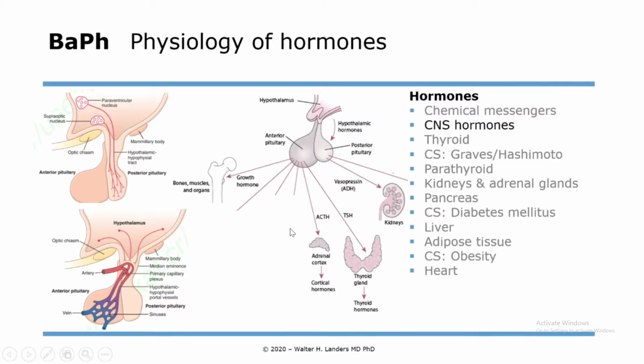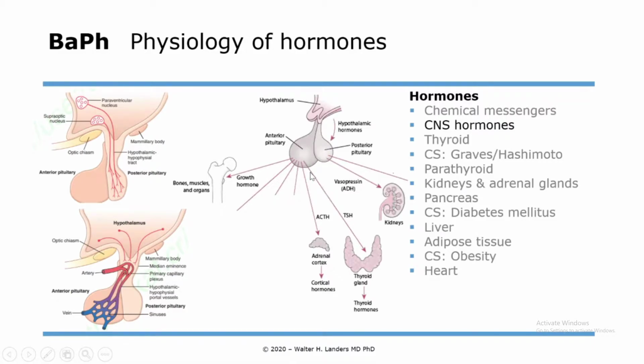And then there's ACTH, a hormone secreted by the anterior pituitary gland that stimulates the adrenal cortex or the adrenal glands to secrete hormones. The anterior pituitary gland also secretes TSH, which stands for thyroid stimulating hormone, and it stimulates secretion of thyroid hormones by the thyroid gland. And that's the anterior pituitary gland.